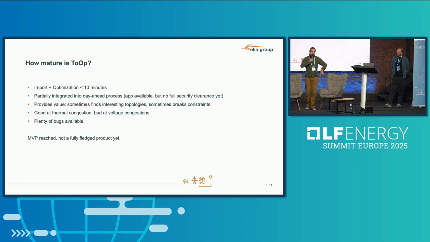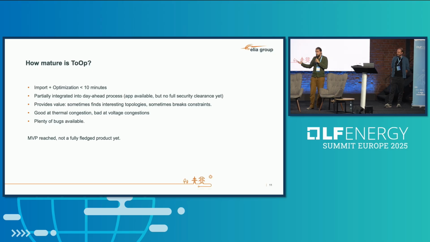So you put a techie on this stage, you don't get the shiny presentation where everything works. You put a techie on this stage and you get a realistic picture of what we can do and what we can not do. So yes, we do provide value, but we're definitely not providing value for every single problem. We have failed in multiple topologies where there would have been a solution.